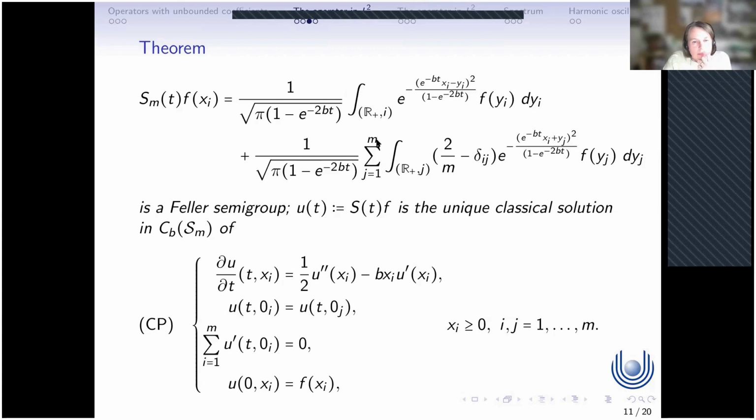But then you also have an interaction term, which describes what happens if an Ornstein-Uhlenbeck particle touches the center of the star and then scatters. This is the unique classical solution of this problem, and you can prove that this is actually a CB function, so it's a unique classical solution in the space CB over the star.